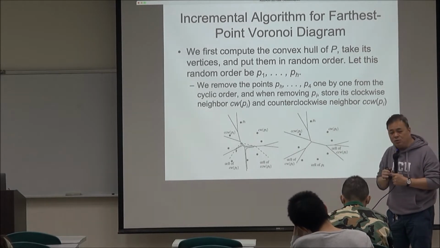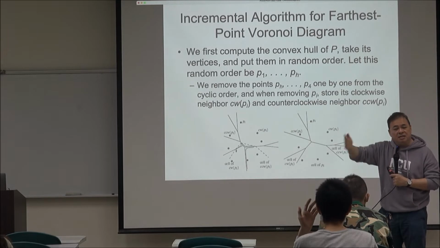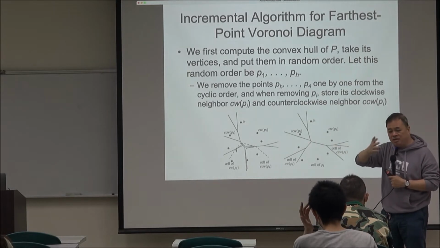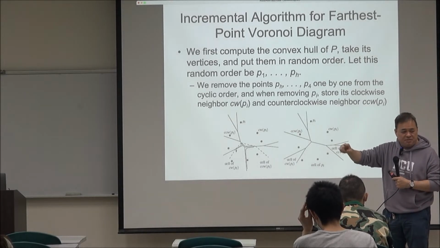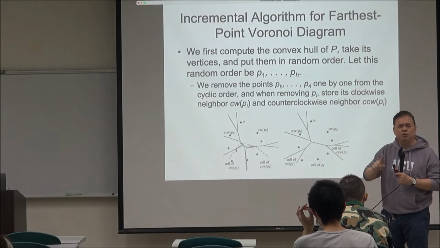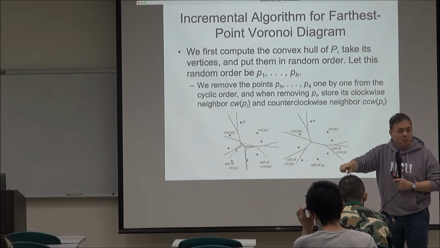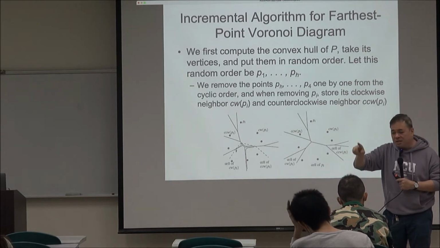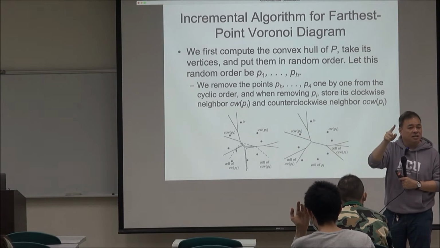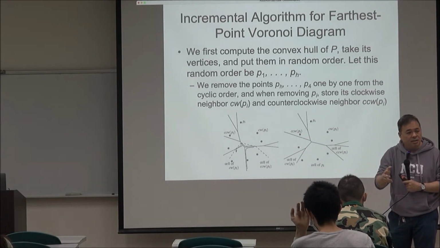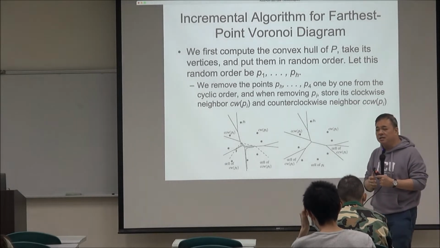Even though now you randomly insert them. But still, at this point, say you have, let's assume you have 10 sides. You can still consider its clockwise and counterclockwise neighbors, right?